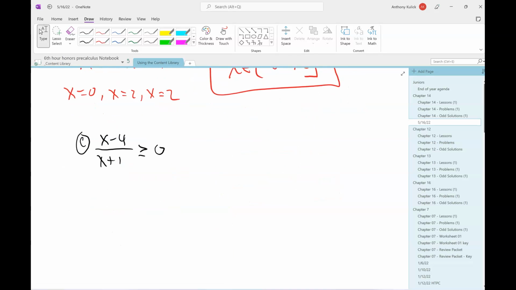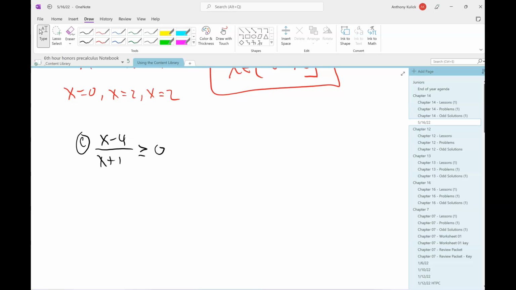All right. Next type of function here is a rational function. Notice it's not a polynomial, right? So is a rational function continuous everywhere? No. So we're going to have to worry about where can a rational function change signs then?